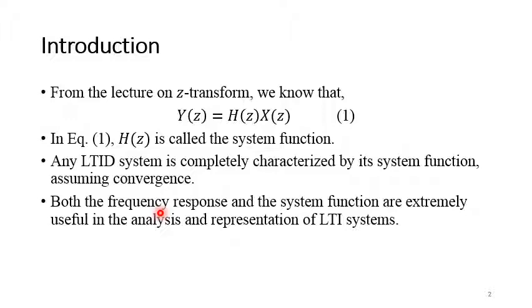One is the algebraic or mathematical expression, and the other is the ROC, or region of convergence. Two different signals can result in the same algebraic expression in Z domain. Therefore, it is a must that we also know the region of convergence.